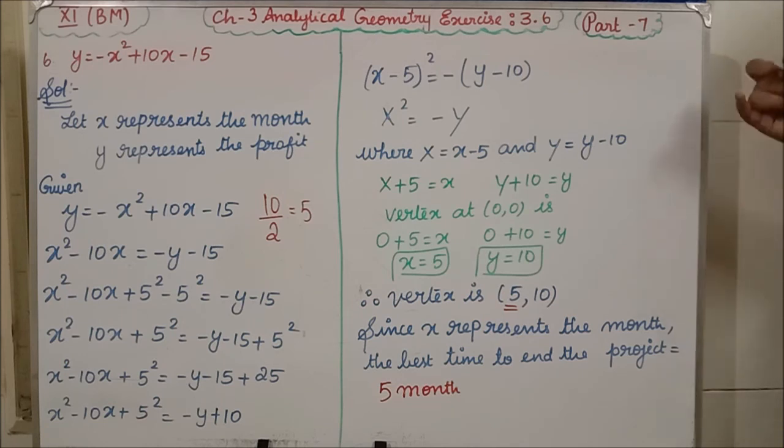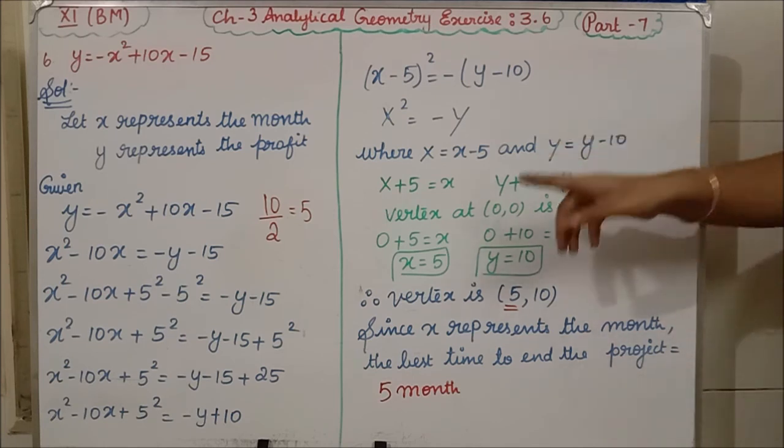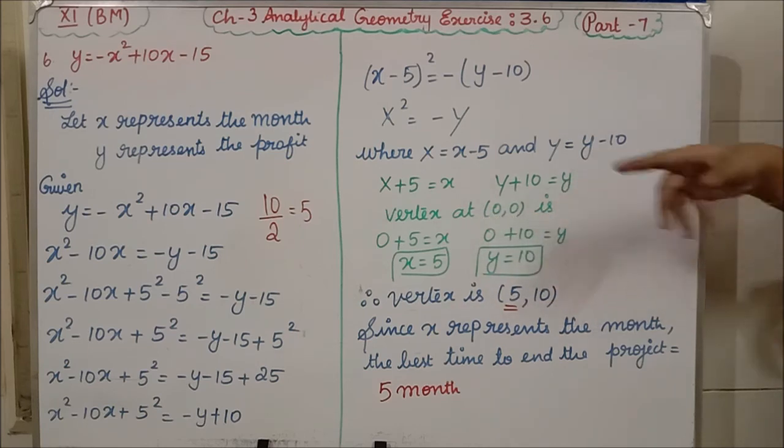Okay, now they were asking how many months it will take to complete the project. Whenever they ask like that for x and y values, we have to take the vertex alone. For all the 4 types of parabola we have learned, the vertex is at the origin 0, 0. Here we need to find what is x and what is y.